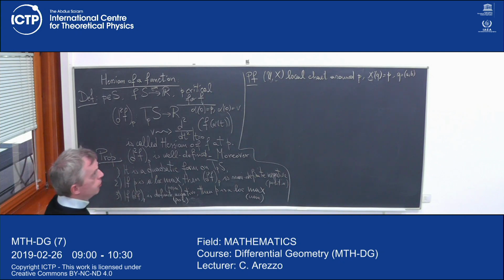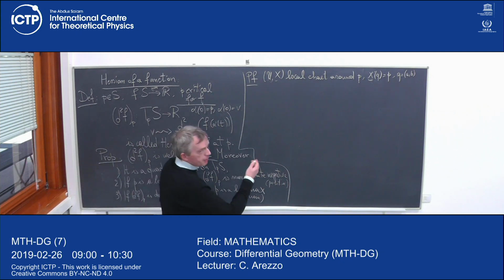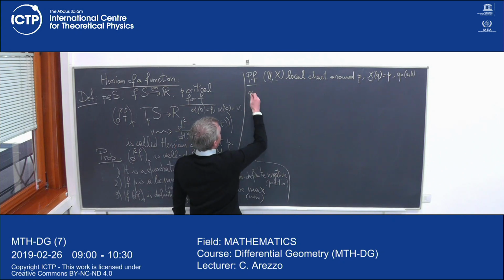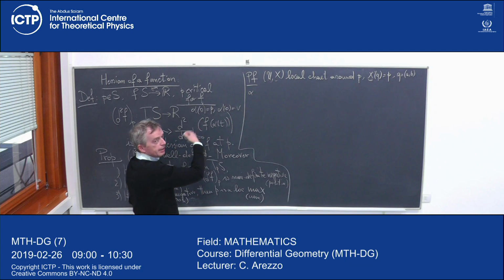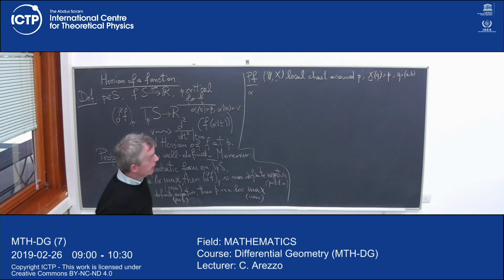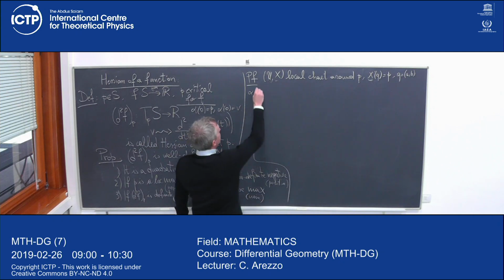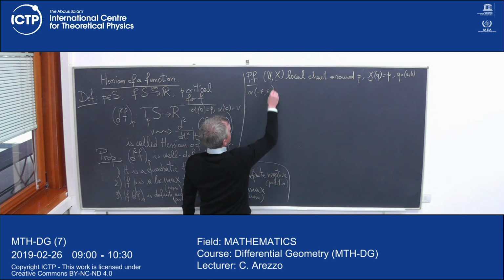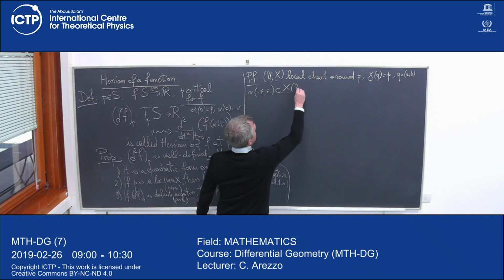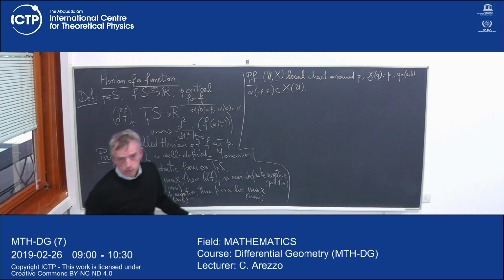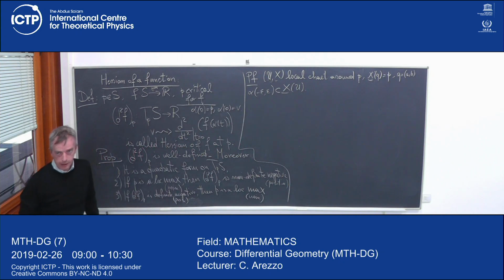Okay, and as usual, by choosing epsilon sufficiently small, we can assume that alpha was a curve defined from minus epsilon to epsilon. If epsilon is sufficiently small, alpha of its domain is contained in X of U, because of topology.